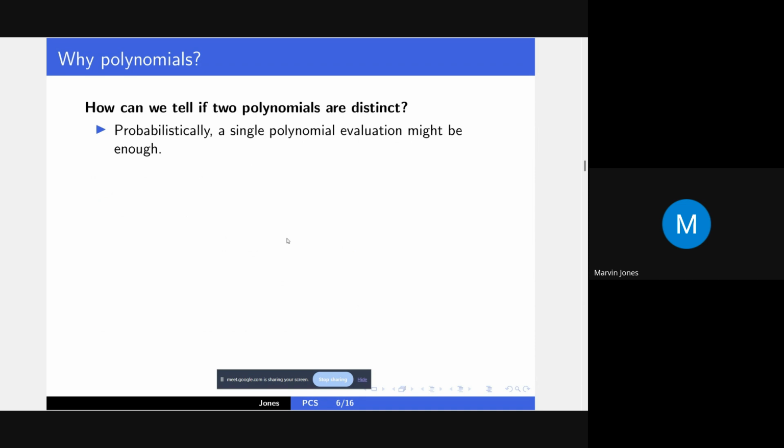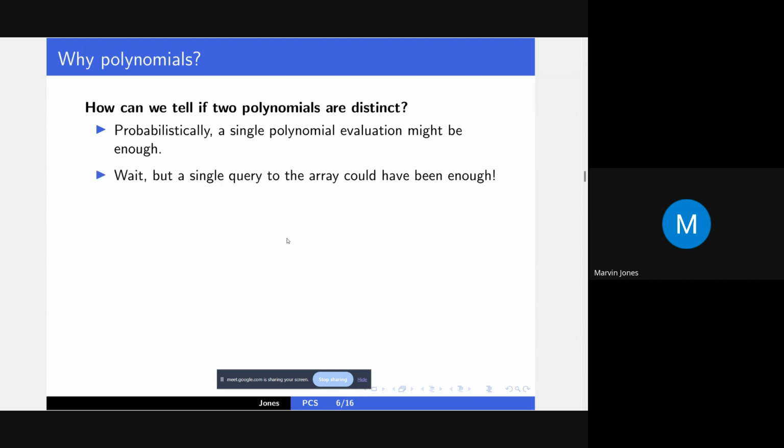So what we can do instead is go, okay, if I want to show that two arrays are different, I could look at their polynomials that we just mentioned. And now the question becomes, how do you tell if two polynomials are different? Well, probabilistically, I could just do a single polynomial evaluation.